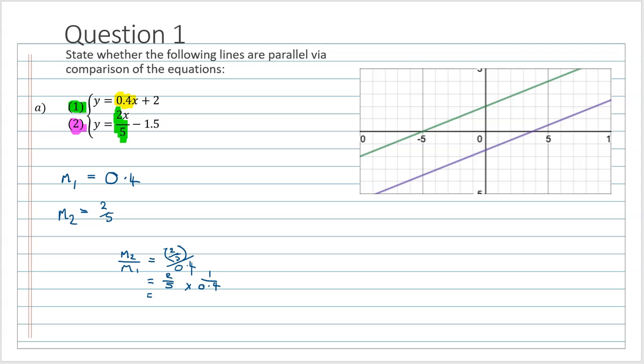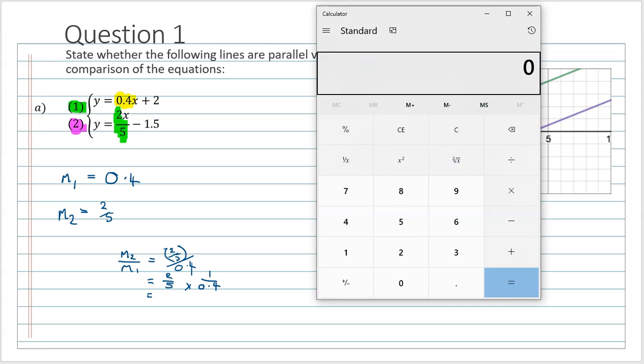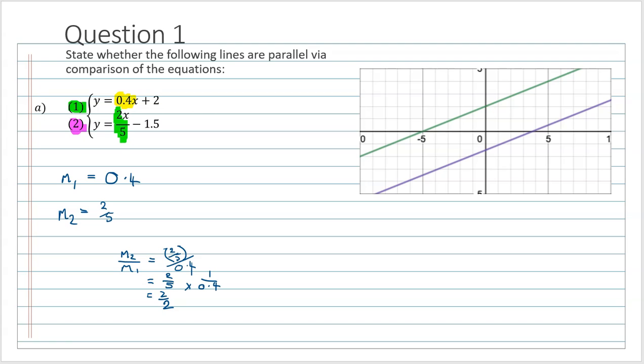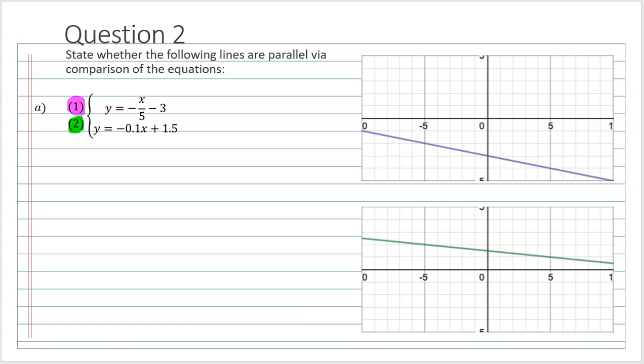Getting my calculator up, 5 times 0.4 equals 2. So 2 over 2, and m2 over m1 is equal to 1. Therefore, lines 1 and 2 are parallel. Perfect. Now let's look on to example 2.